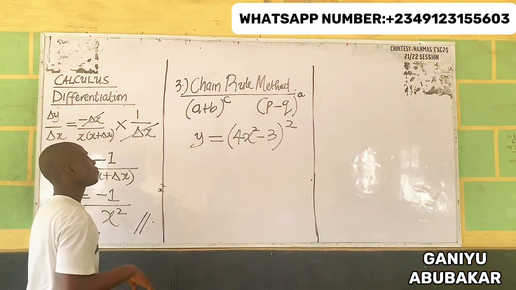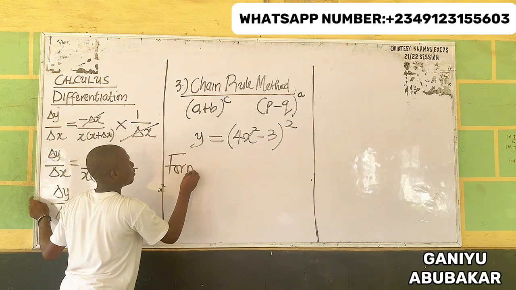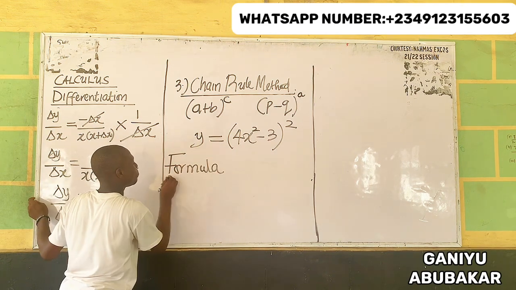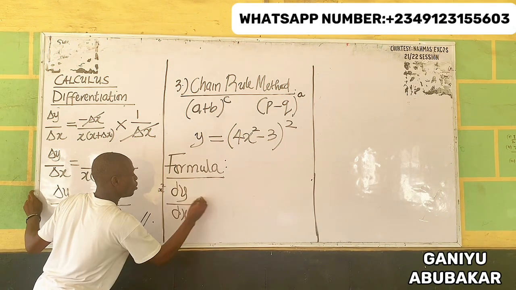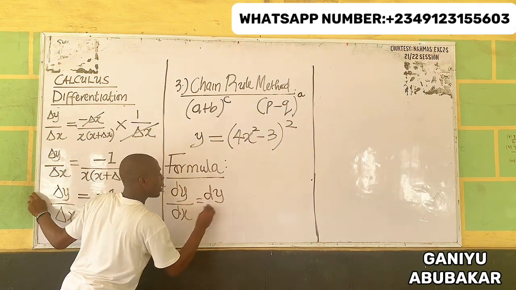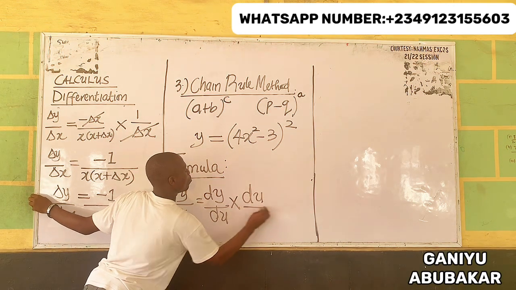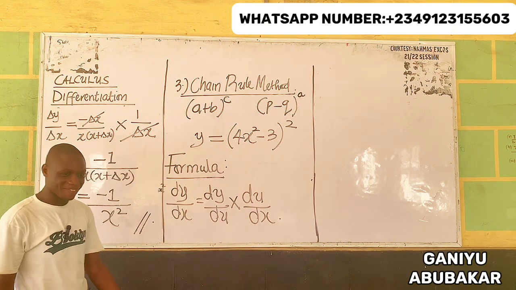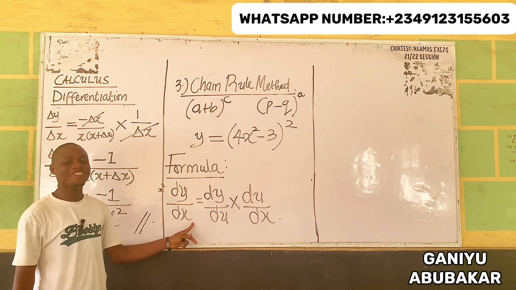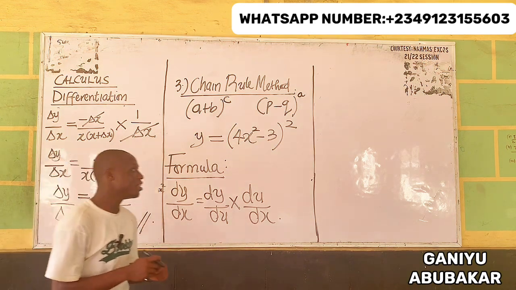Now look up, please. Note that for chain rule, the formula is given by dy over dx is equal to dy over du times du over dx. This is for chain rule, please.